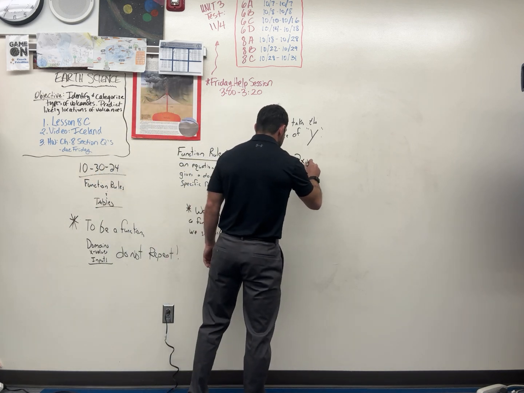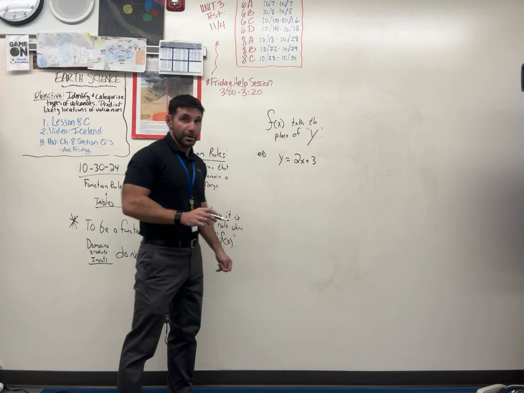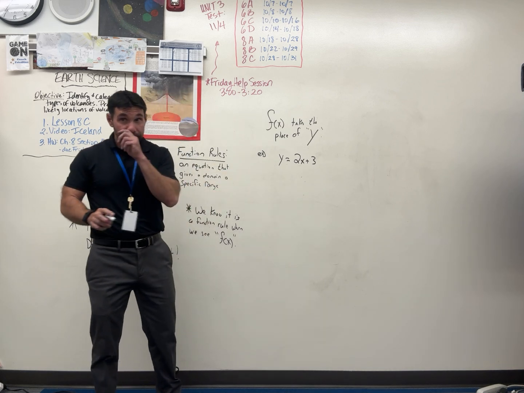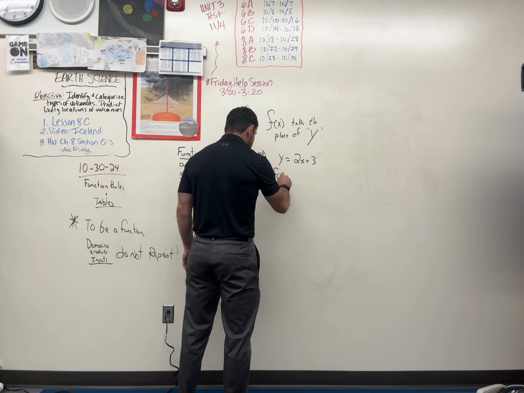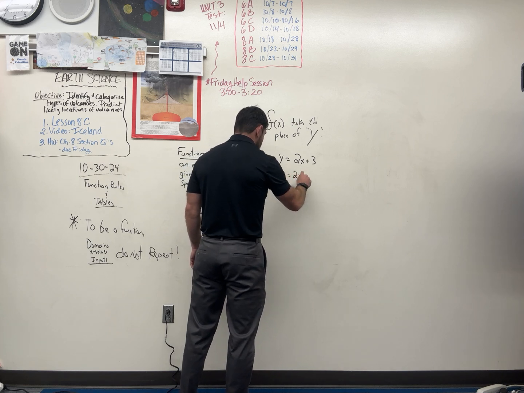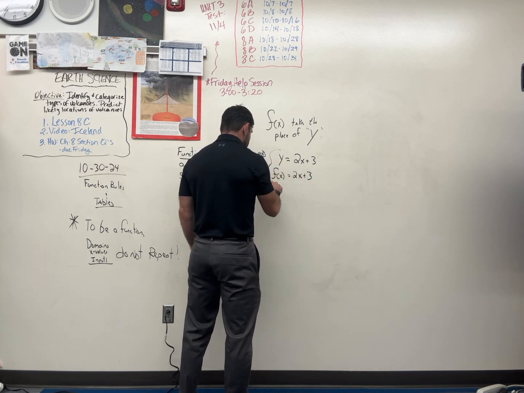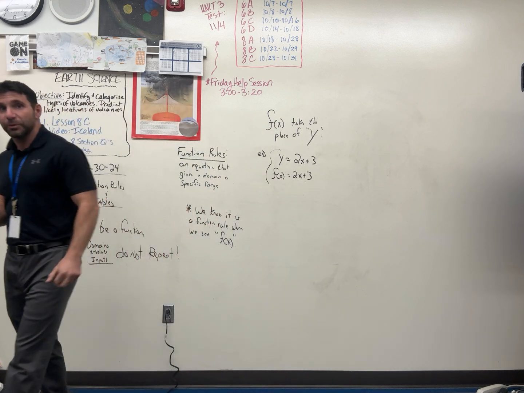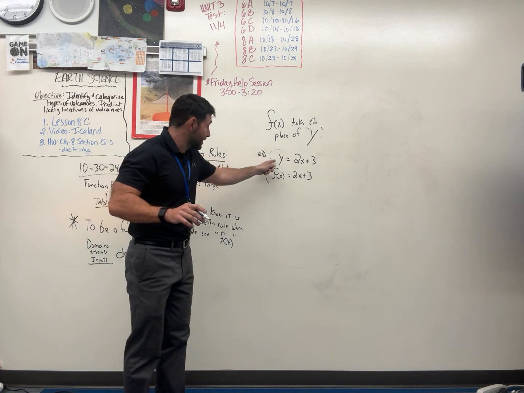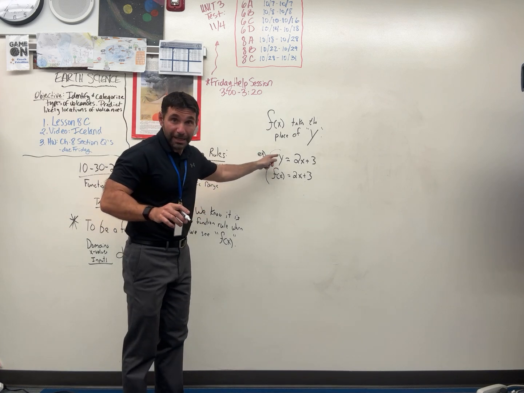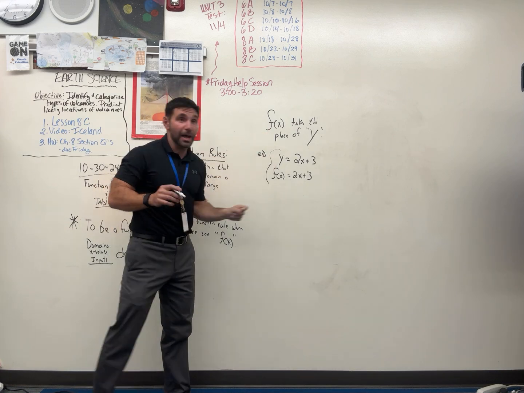Y equals 2x plus 3. That was the equation. A function rule will say f of x equals 2x plus 3. The only difference is y isn't there anymore. It's replaced with f of x.